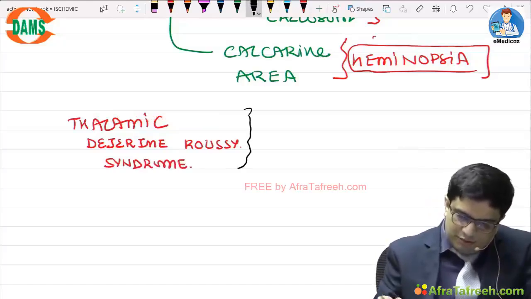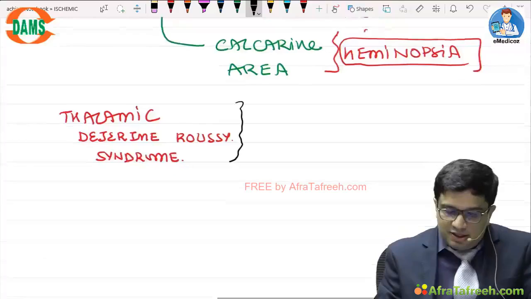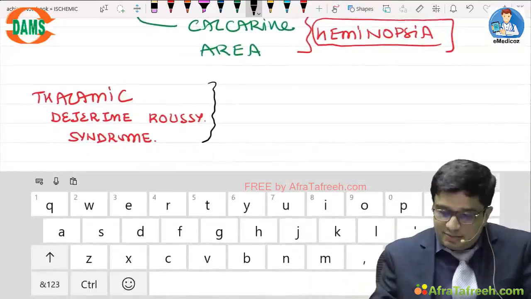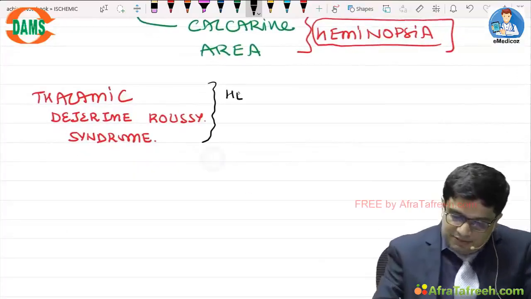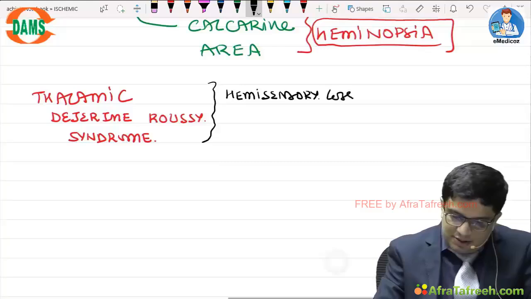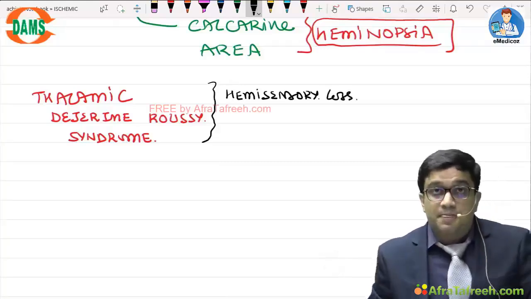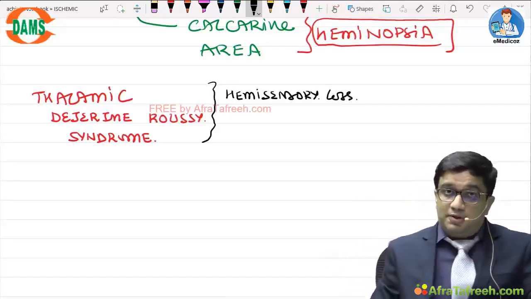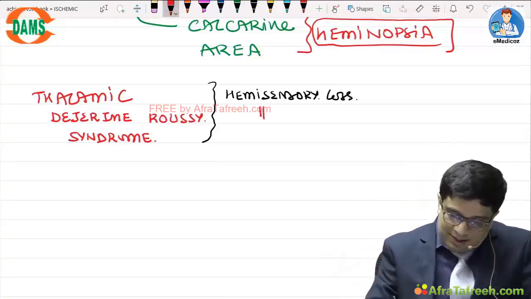Due to involvement of the posterior cerebral artery and thalamic part, the lateral thalamus, these patients suffer initially with hemisensory loss. The initial presentation is hemisensory loss, followed by a deep agonizing pain.